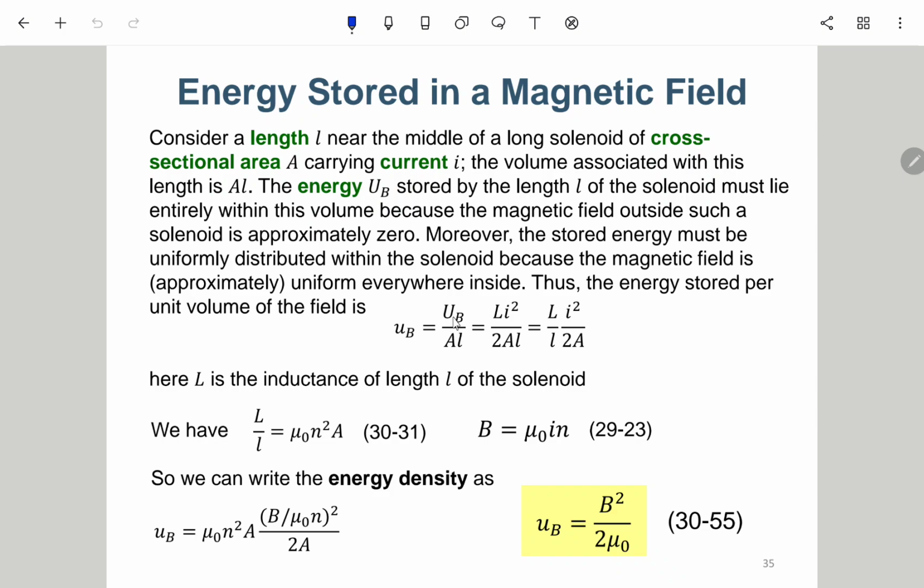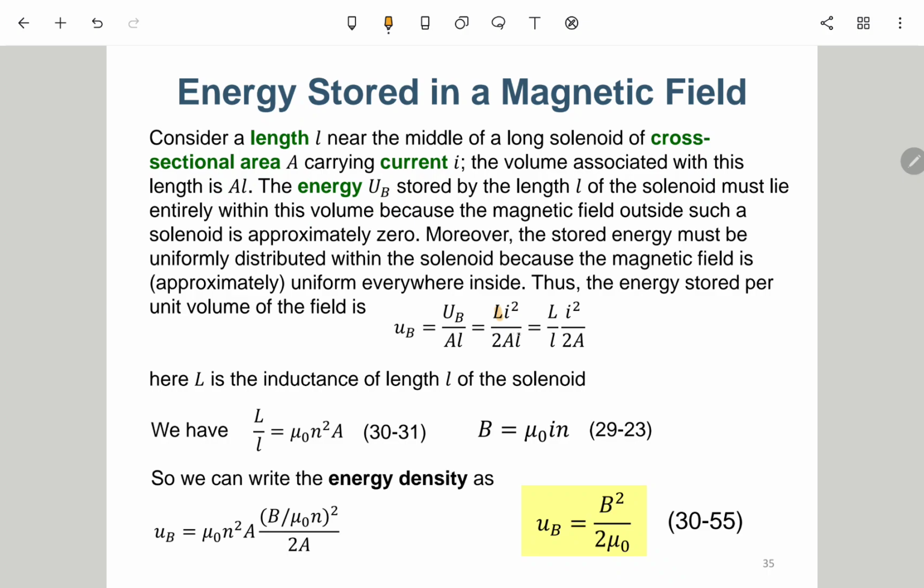Here we have u_B equals 1/2 L i squared, with 2 and A L in the denominator. Then we do some algebraic rearrangement.